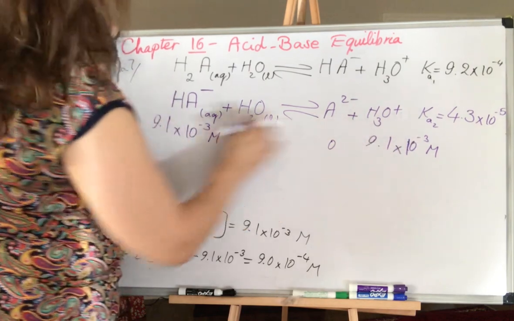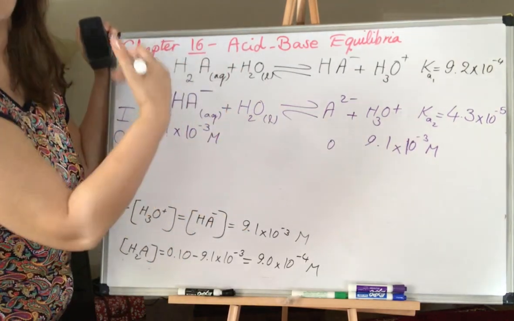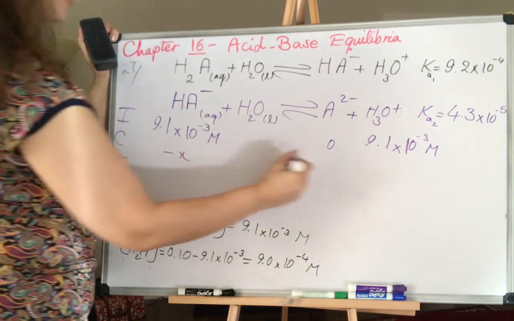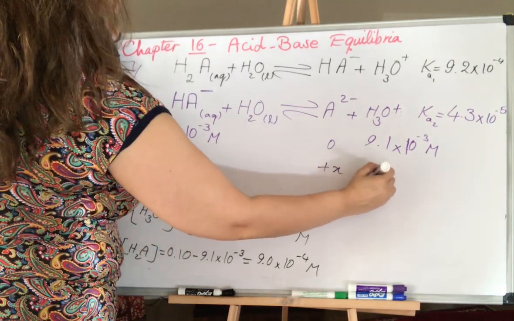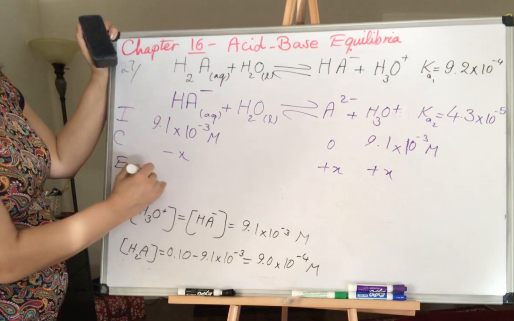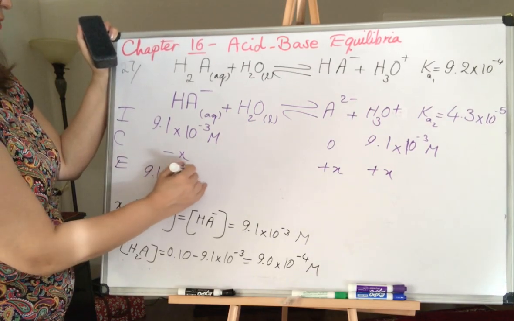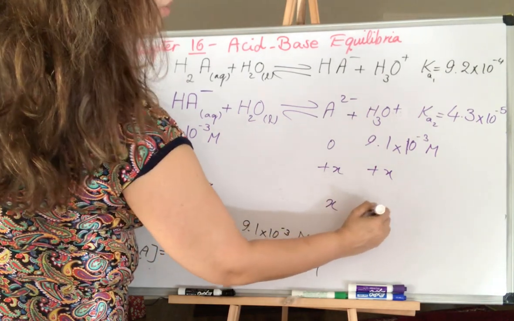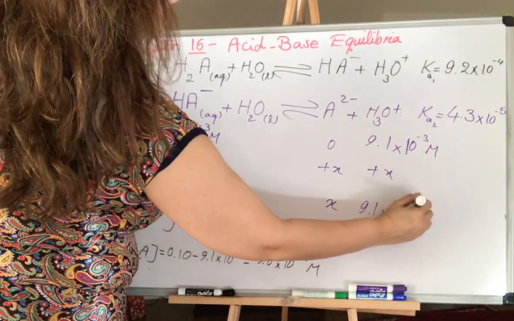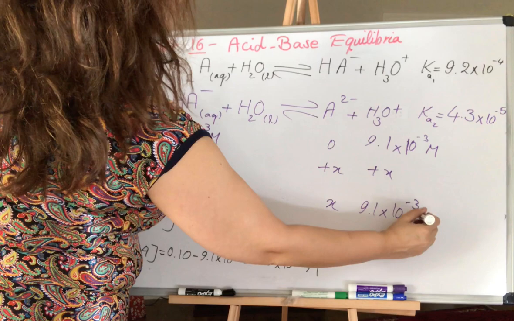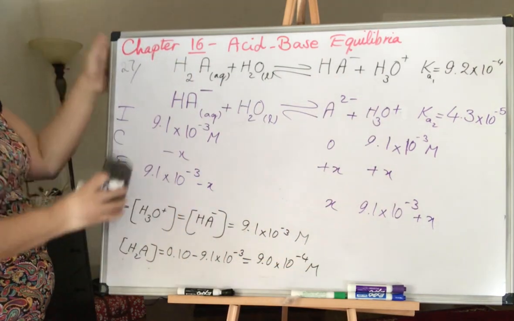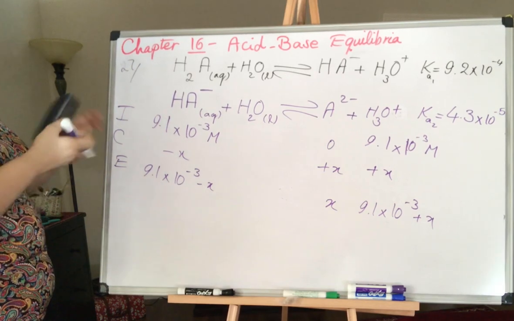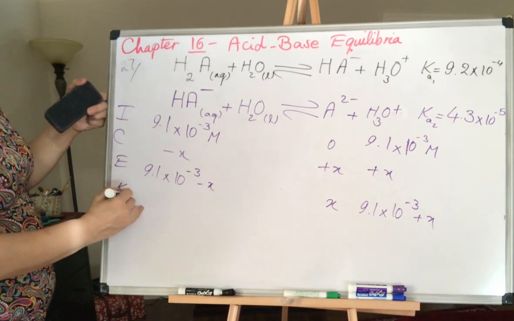They are all leftovers from the previous step. Then now you have minus X, and plus X. So 9.1 times 10 to negative 3 minus X, and then X, and 9.1 times 10 to negative 3 plus X.